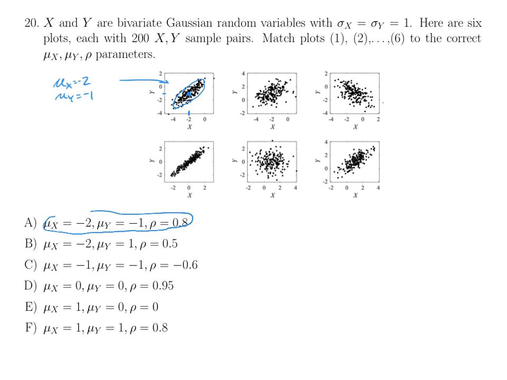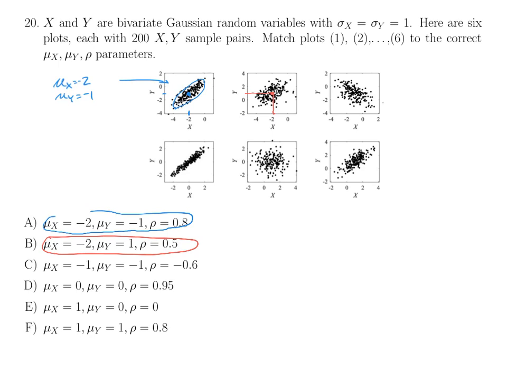It's got to be this one. And if you look at this one, you're like, oh, here we go. The center is that x is -2 and y is 1, right? And you're like, this is the only one where mu x is -2 and mu y is -1. So it has to be that one.